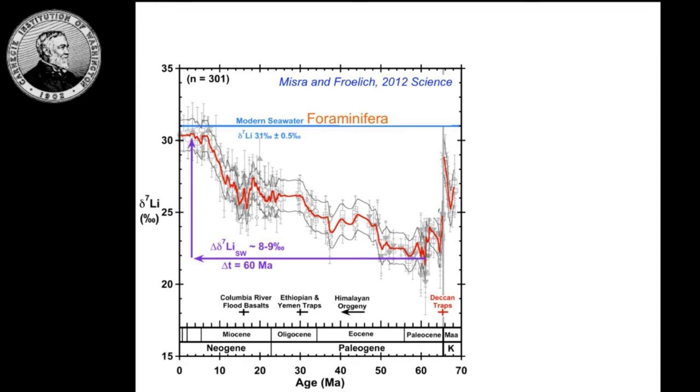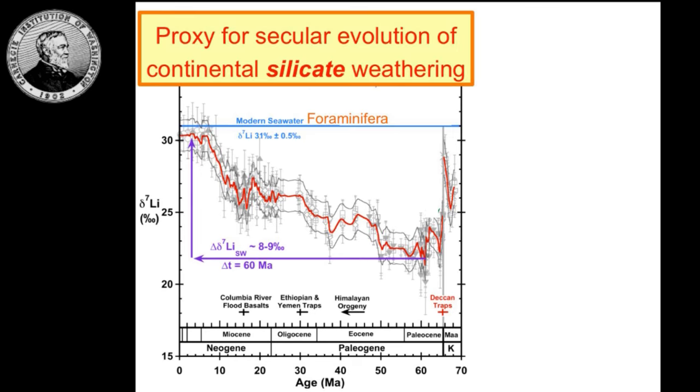Does that mean we have more weathering? Because lithium has really low content in the carbonates, right? And is very enriched in the silicates. So they are invoking a proxy for secular evolution of the continental silicate weathering, especially because lithium is not much in the carbonate.